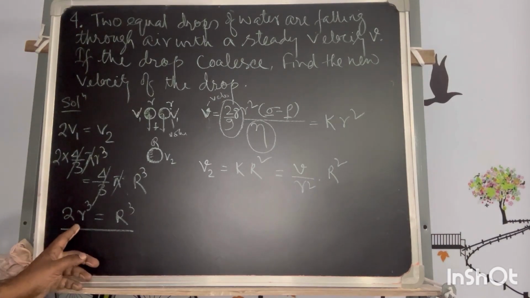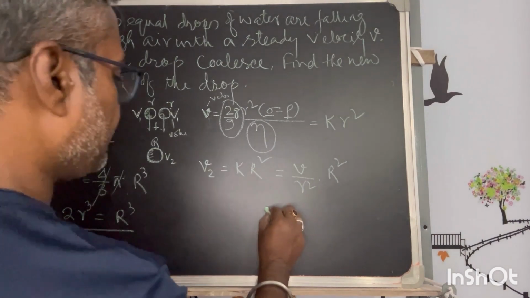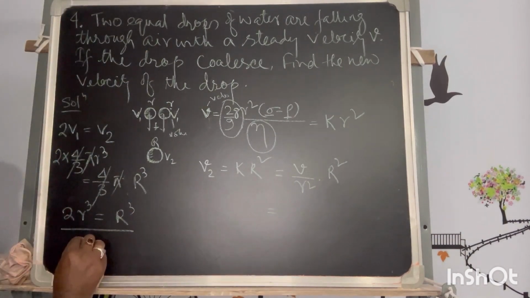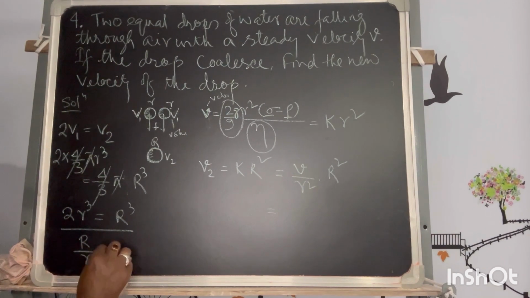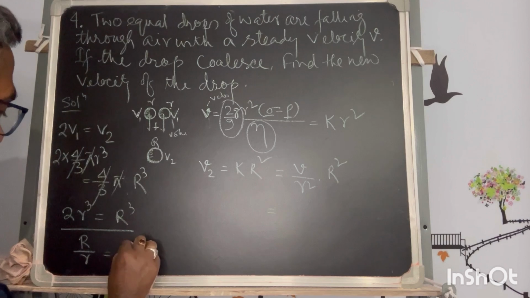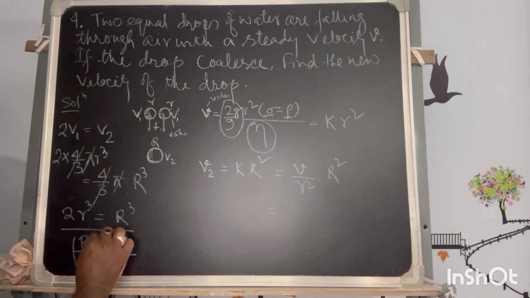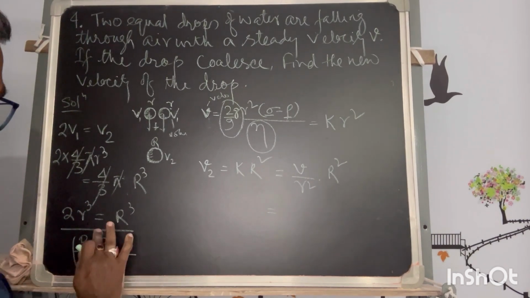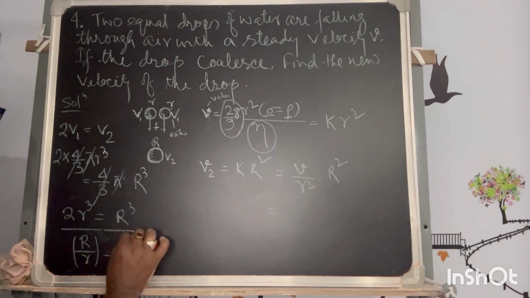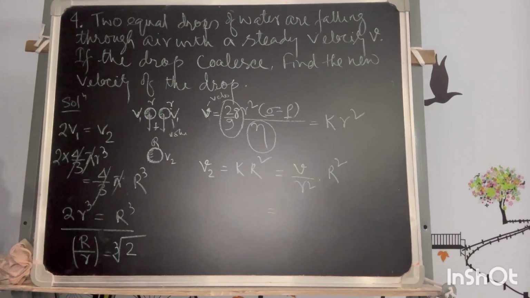Now capital R by small r equals 2 to the power 1/3, the cube root of 2.